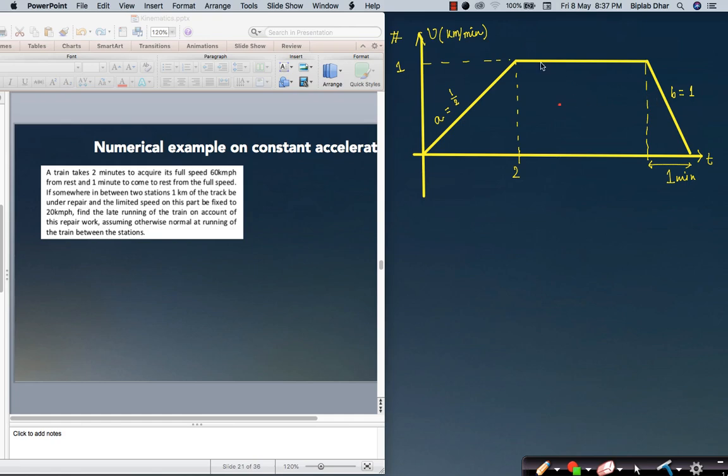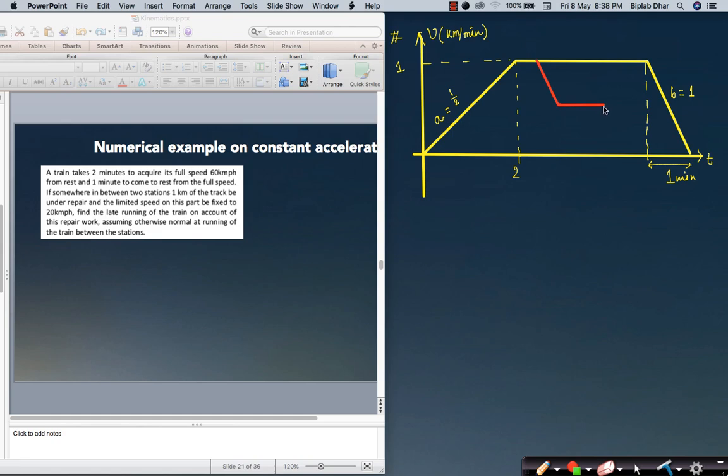It can only be reduced if the train starts decreasing its velocity from here and maintains the same slope as the retardation. Because the retardation is constant, it has to retard from here, so that when it comes here its velocity remains the same up to 1 kilometer, and that is 1/3, meaning 1 by 3 kilometer per minute.